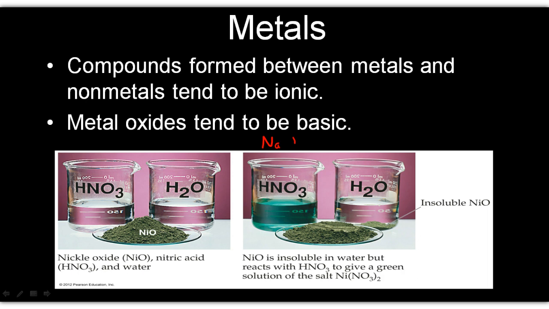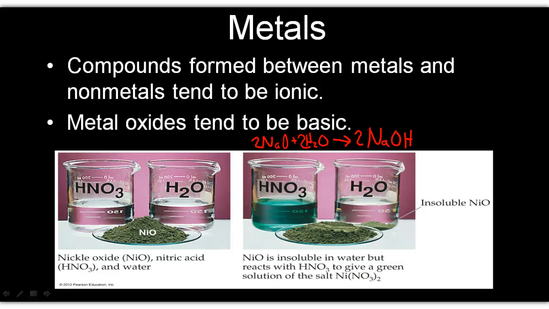If I mix sodium metal with some water, and this is ionic, so we won't break it apart, you tend to get sodium hydroxide. And there's 2 of those, so I don't know if my balancing here is correct or not. If I put this in here, that gives me 4. It looks like it's going to be a mess. But in any case, you're going to get some sodium hydroxide.